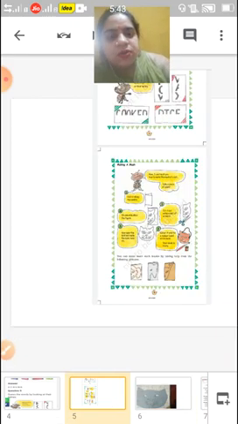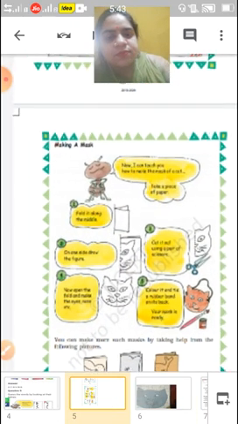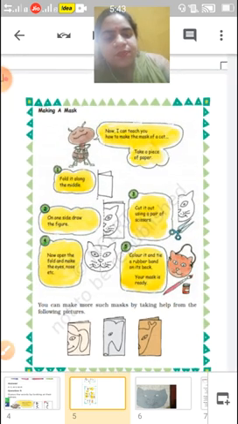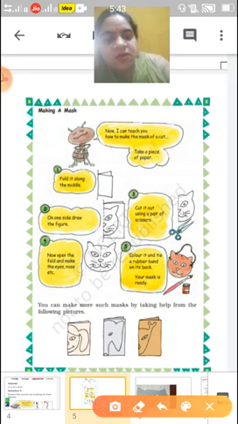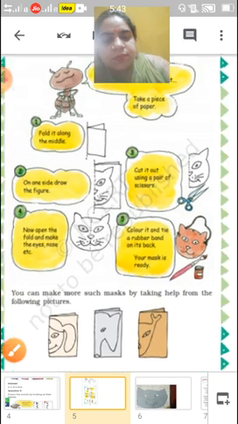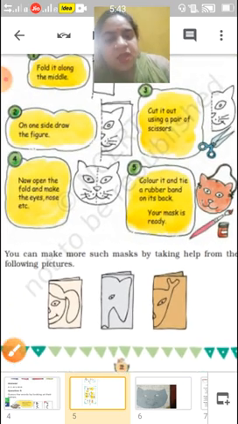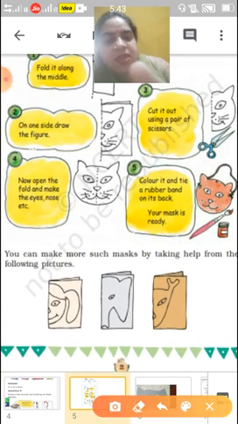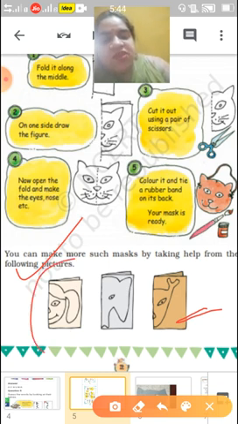So children, do this. Now this is your homework. You can make more such masks by taking help from the following pictures. What is this?